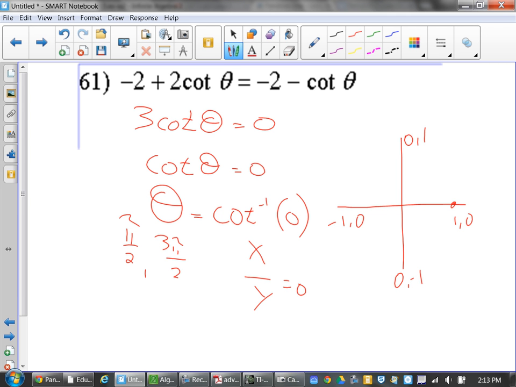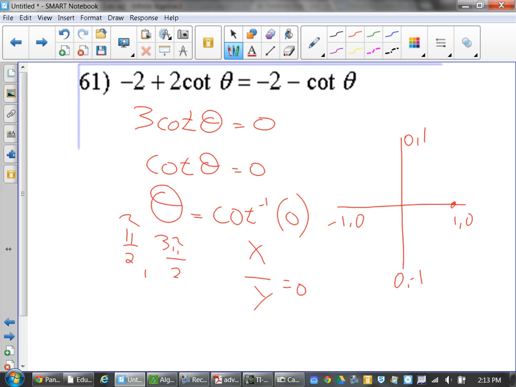How come the answer said pi over 2 plus pi n? That's my next part: if it asks for the general solution. On the test, I will make sure that it specifies within one revolution or general solution. Pi over 2, 3 pi over 2 would be my answer within one revolution, between 0 and 2 pi.